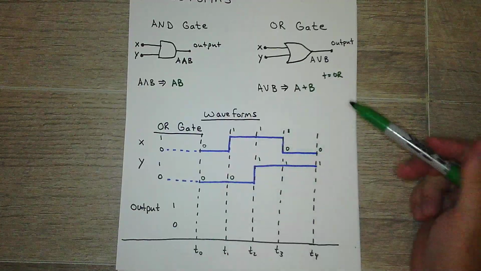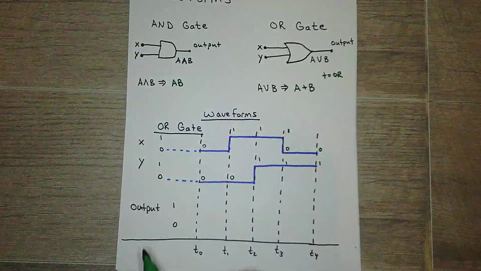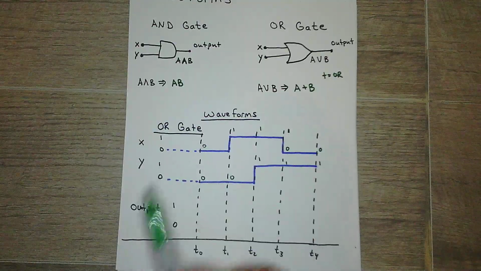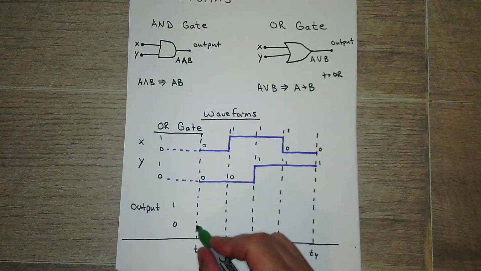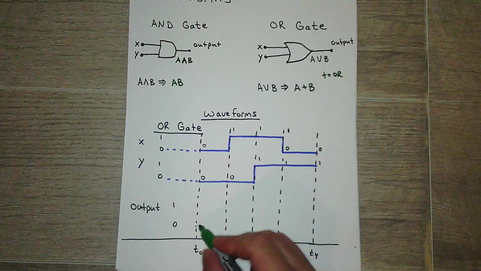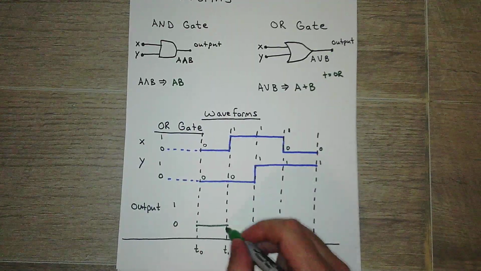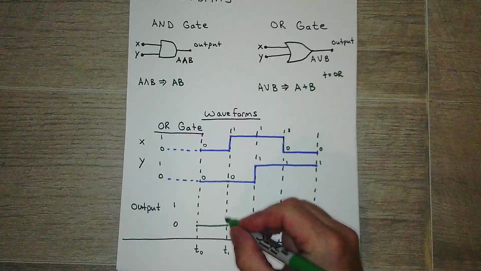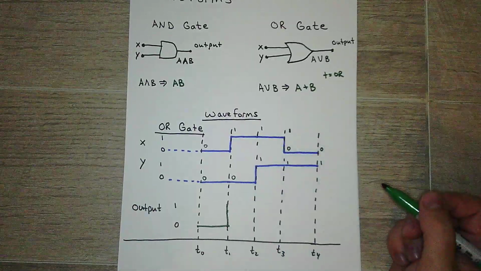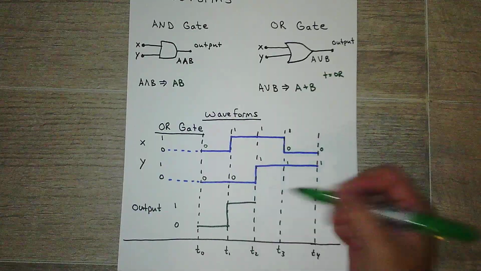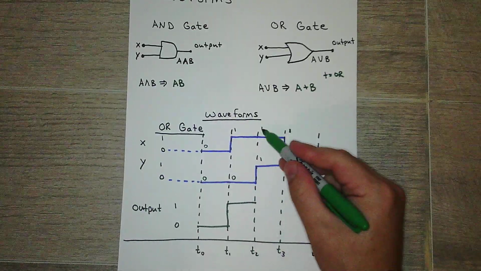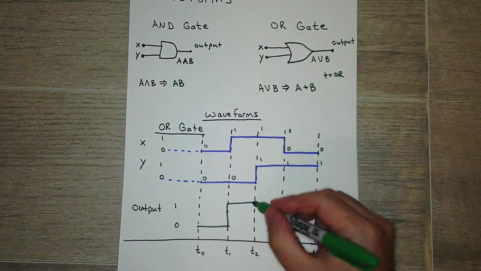So what would the output look like? This is an OR gate, so that means X or Y has to be on. If both of these are off, then the output's going to be off. Now what about time 1? Off and on. We have at least one on, so the output's going to come on. Now what about time 2? They're both on, so it's still going to be on.